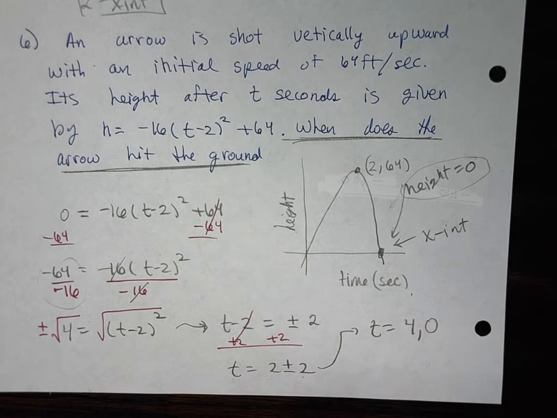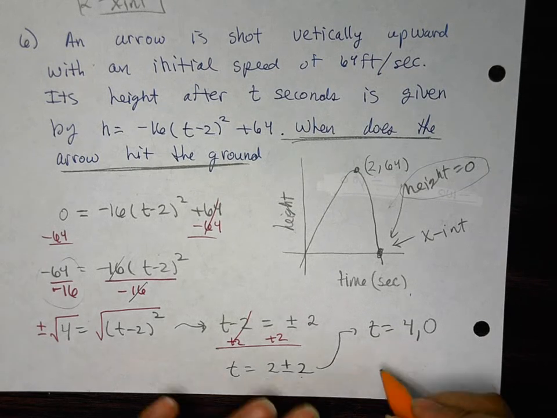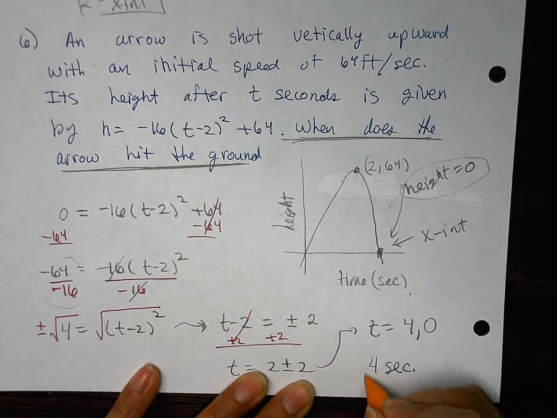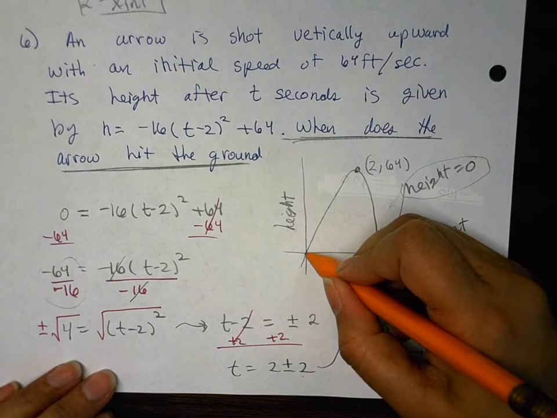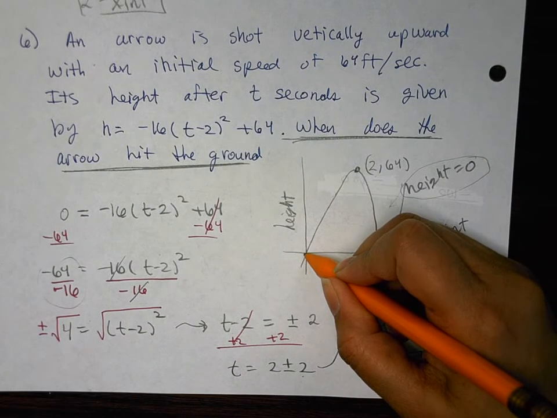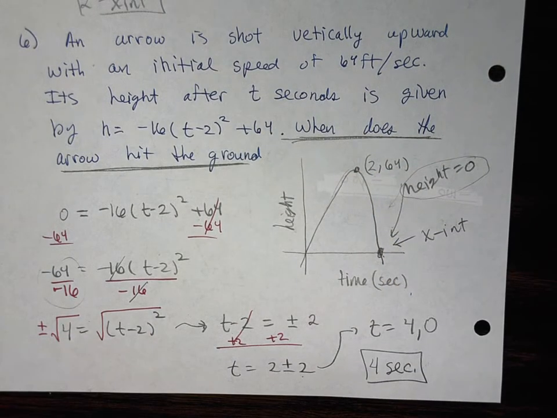What's 2 minus 2? 0. Does that mean it hits the ground at 0 seconds and 4 seconds? What does the 0 represent? 4 seconds is the final answer, but why did we get 0 as an answer? Because that's when it started. It started at 0, came up, came down, and hit the ground. Yes?